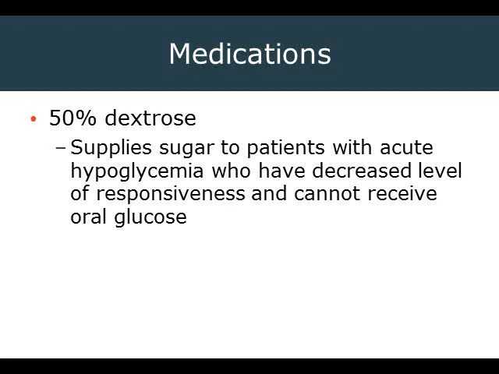If we needed to make D10, then what we simply need to do is draw up, say, 2 cc's of D50, and then we would draw up 8 cc's of water or saline, and that would give us D10.